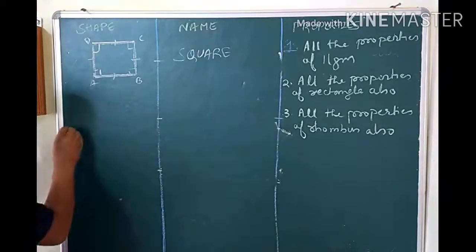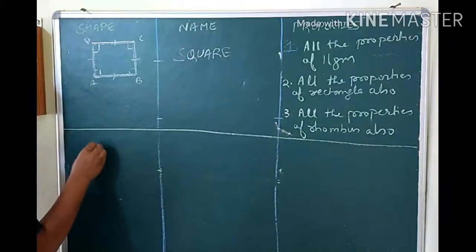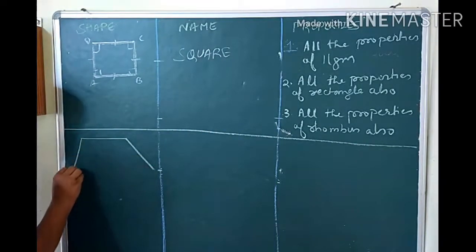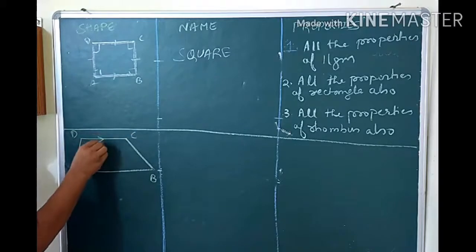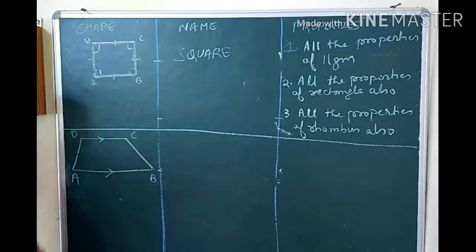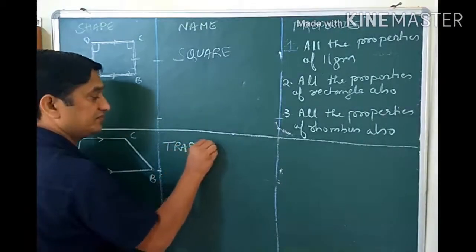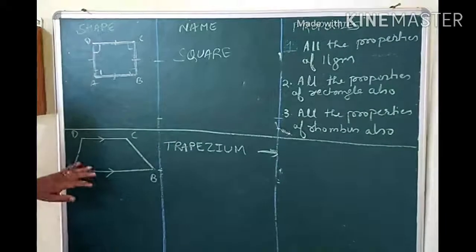Now children, next we will learn the trapezium. This is trapezium ABCD. This is parallel to this and this is non-parallel. Children, look, a trapezium is what?